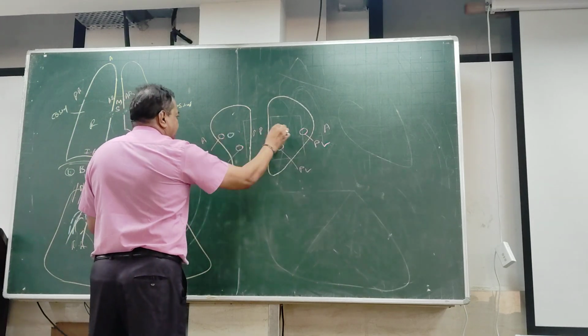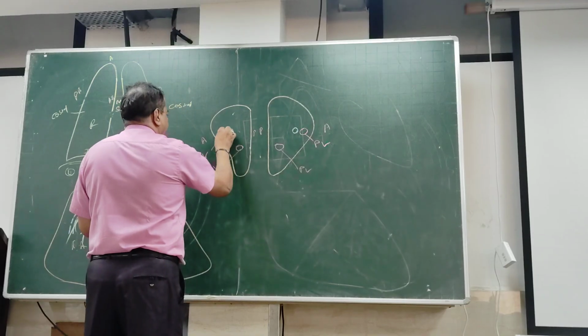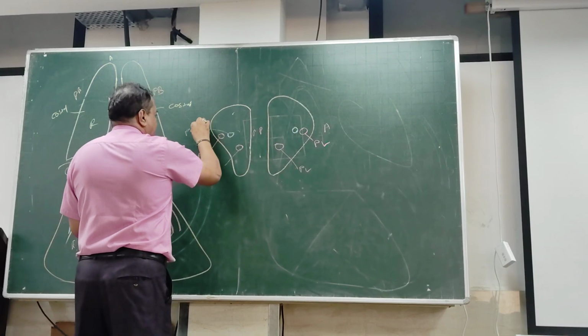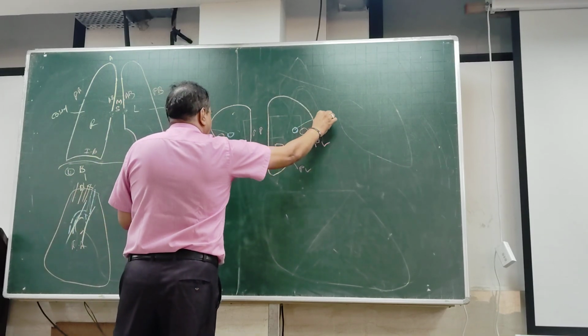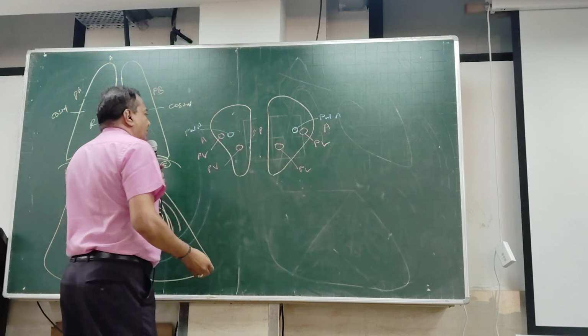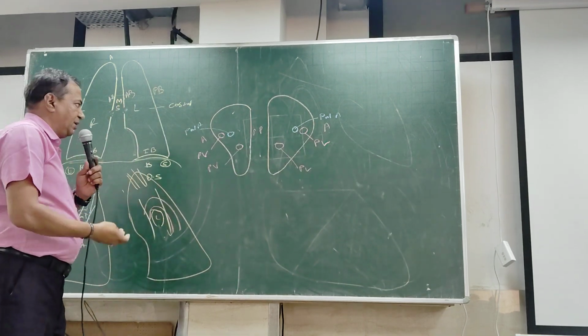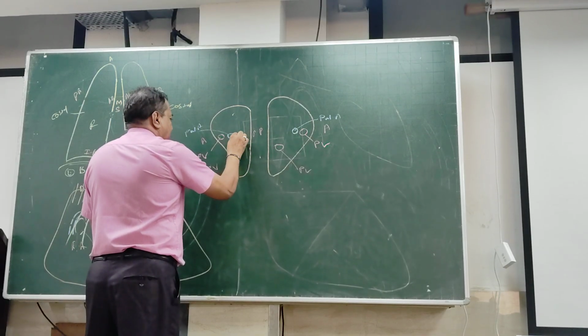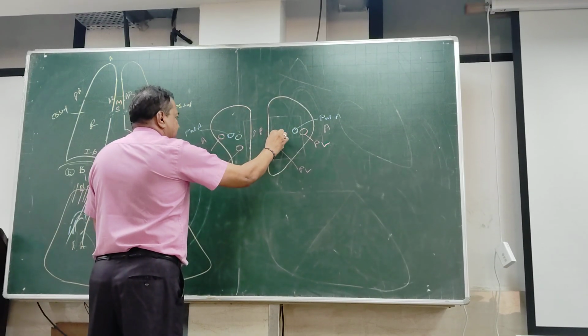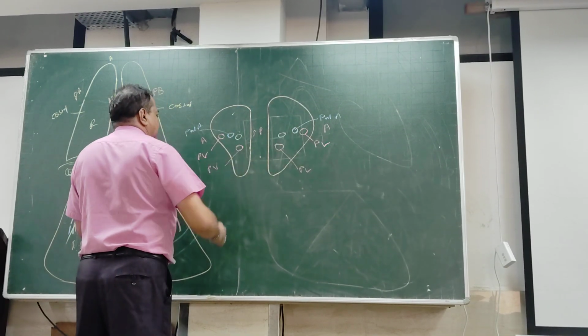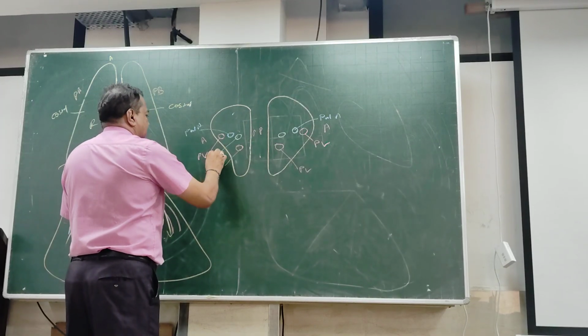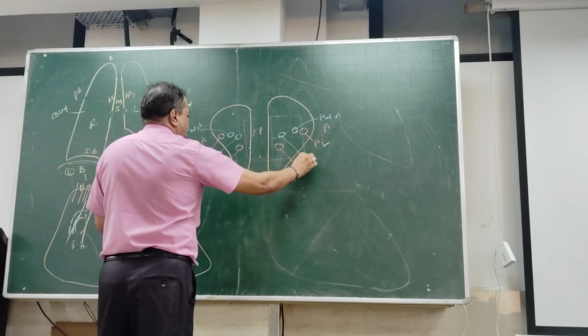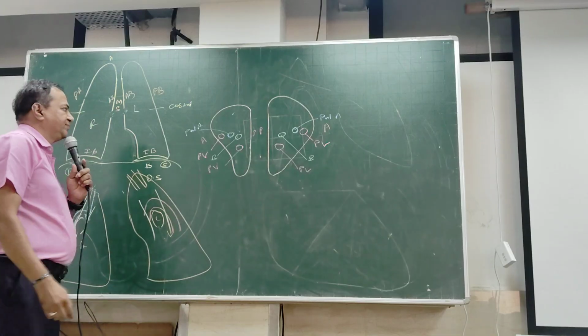The next structure is the pulmonary artery. The next structure is the bronchus.